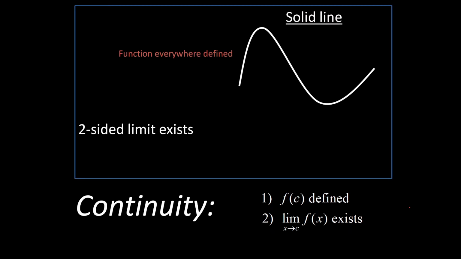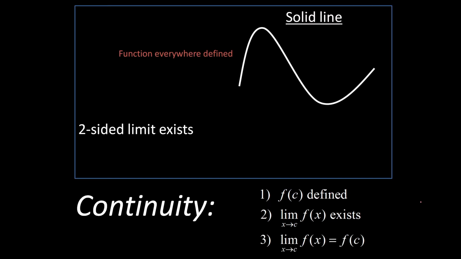And then finally, to bring these two ideas together, we say that the limit has to equal that function output. And these three things define continuity. Continuity must have all three of these properties. If just one of them fails, then we say this is discontinuous.